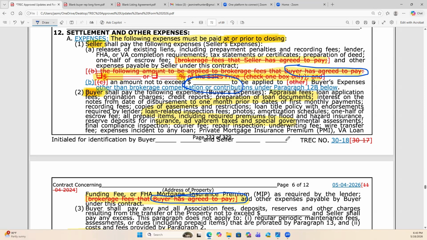No, you cannot. That is not how this works. That is a separate line item. It is not something that can be wrapped into the loan for most cases. And I'll give you an example, veterans, they can wrap their closing costs into their loan. You cannot wrap broker fees into your loans like that, not on this contract.